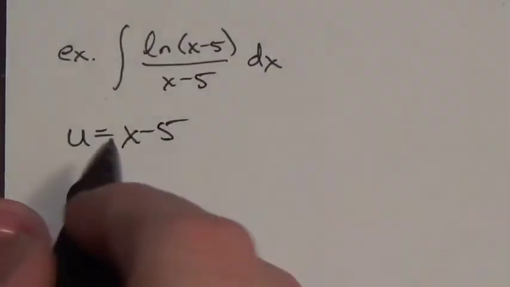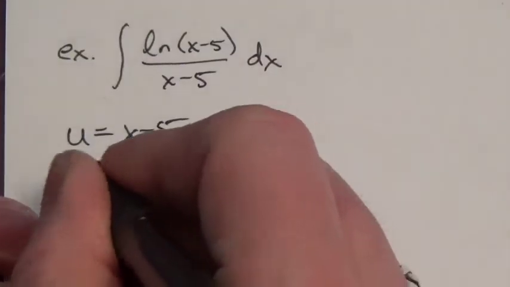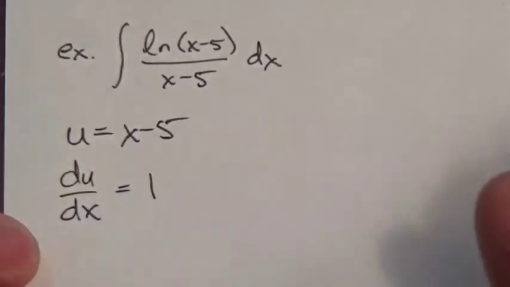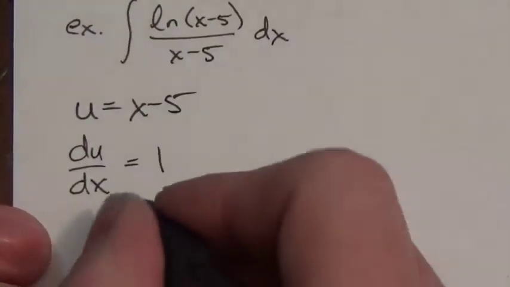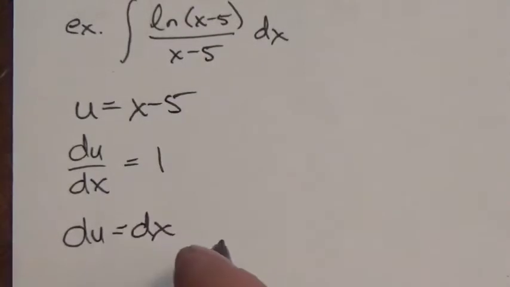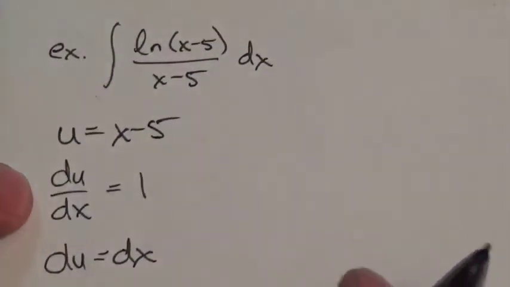Okay, so I'm going to switch my independent variable from x to u, and then I need to introduce the differential, so I take the derivative, and that's just going to be equal to 1. It's kind of convenient. So du is equal to dx when I solve for dx here. So now I'm going to make my substitution up into the original equation here.